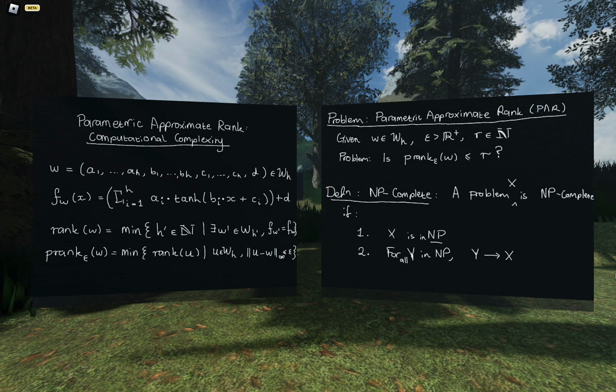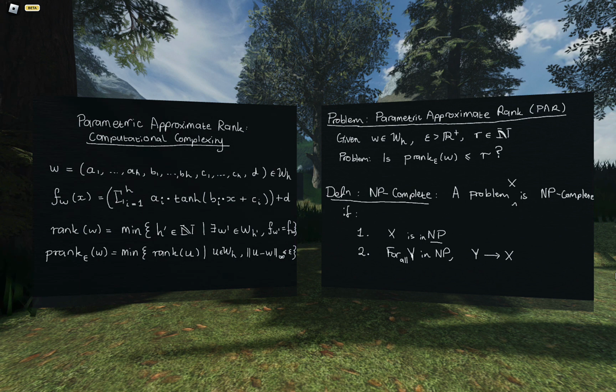So you have this sort of superpower called non-determinism. And if you can solve the problem in polynomial time using that kind of computer, then that problem falls into this class. Non-determinism basically just means that you can make guesses in a way that if they can work out, they will work out. And it's not really physical; we don't know how to build computers like this in the real world.